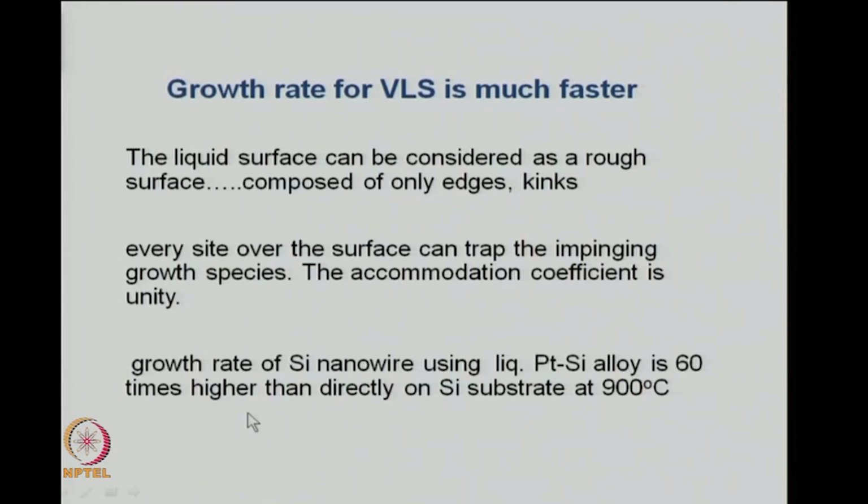So the growth rate is 60 times higher than if you did not have platinum. Suppose you did the same synthesis on only the silicon substrate at 900 degrees centigrade, and you compare it with the growth rate on the same silicon substrate but with some platinum on top of the surface, then the growth rate is 60 times faster where you have platinum on top of the silicon surface. So growth rates for the vapor liquid solid method of growing nanowires or nanorods are much faster than other techniques.